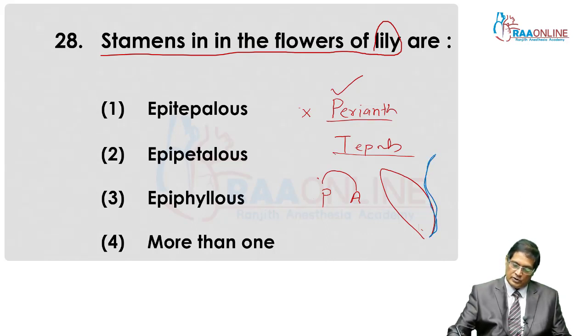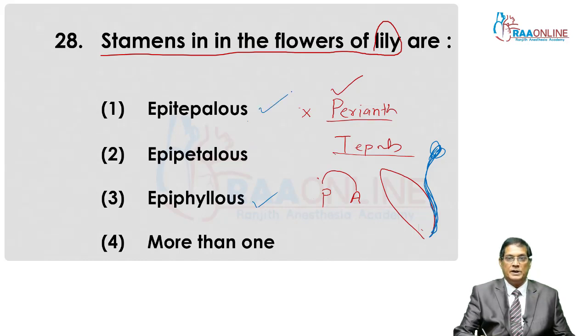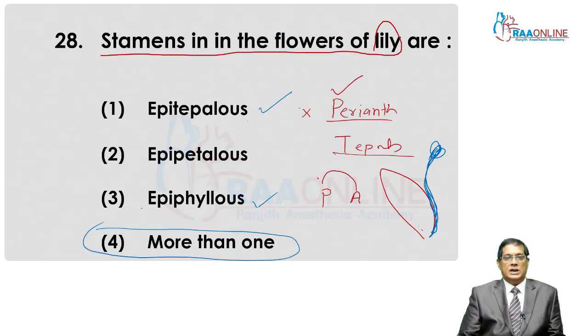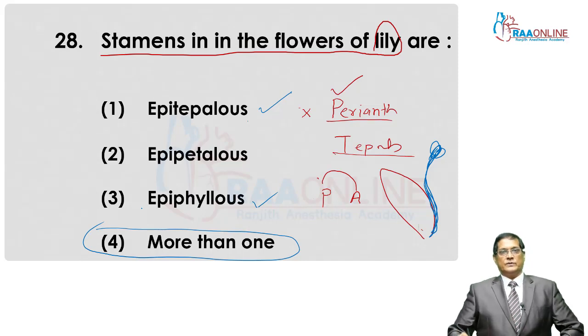Stamens adhere to tepal partially or fully. Such a condition is known as epiphyllous or epitepalous. That's why the answer is more than one. Epitepalous is the correct word for that, and epiphyllous is also used for that one.